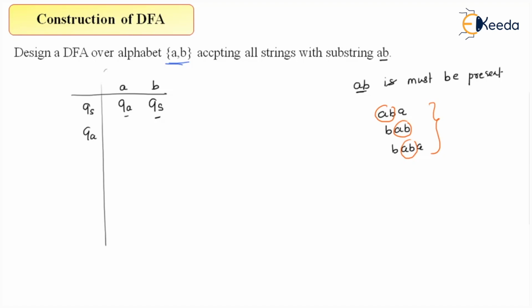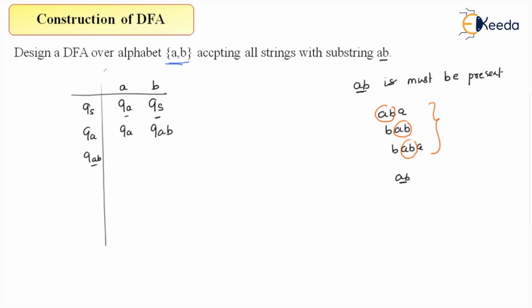QA, more inputs are there, so it will remain in QA, and on input B, it will become QAB, and my condition is fulfilled. In QAB, now we are looking for the substring part, and the moment AB occurs, somewhere, we don't know where, anything that comes afterwards will be acceptable.